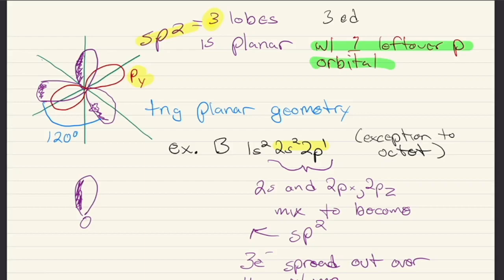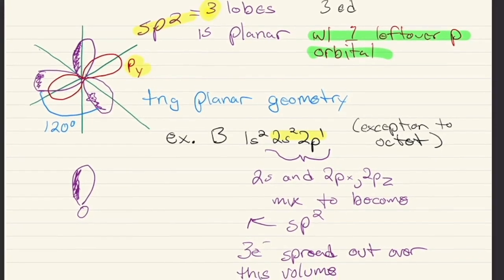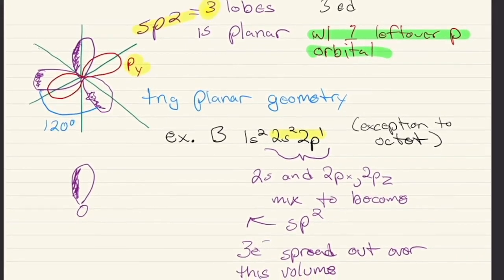Again, sp2, 3 lobes, 3 orbitals being merged. And we would then have 3 electrons spread out over this volume, right? 3 electrons. So essentially, we have an electron potentially residing in each one of these lobes, right?